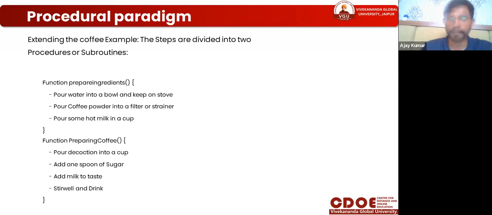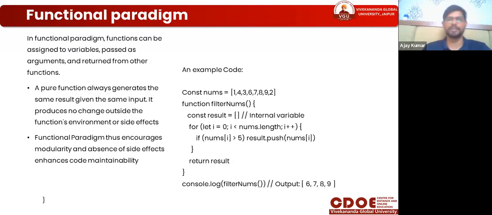Group means the same kind of code is executed at that time. So here with the procedure, we make a function. The procedure follows by first preparing, then preparing coffee. So some part is defined below, some part is defined above.